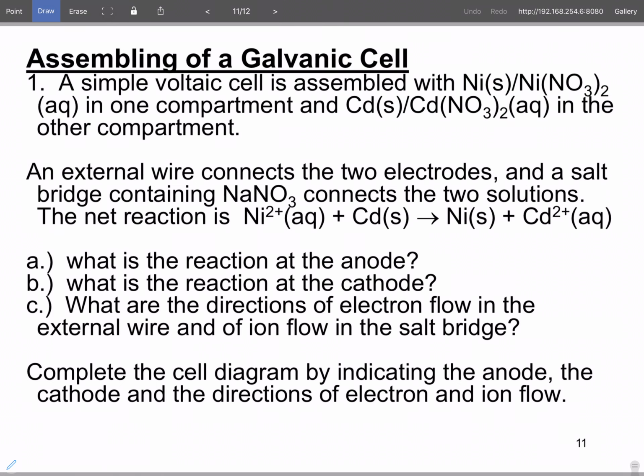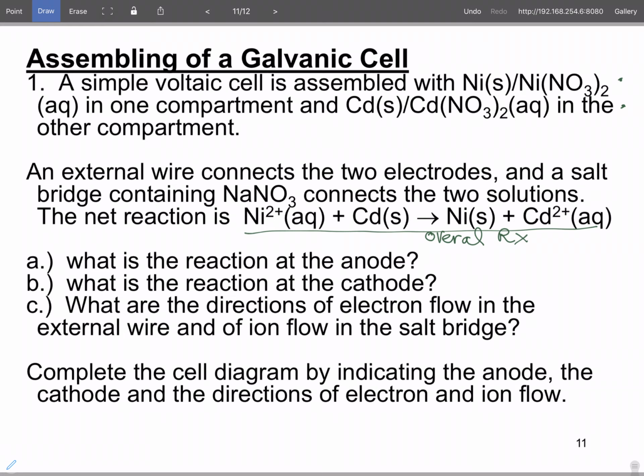Okay, so we're going to assemble a galvanic cell. We have a simple voltaic cell as assembled. We're using nickel and we're using cadmium. Okay, this is our overall reaction.